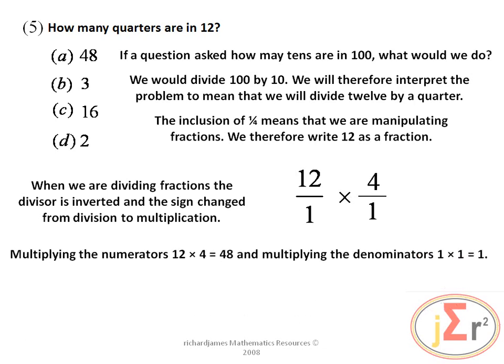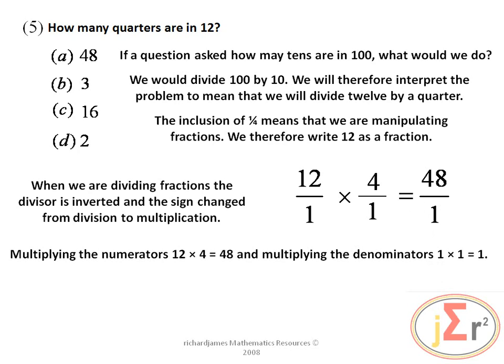Multiplying the numerator 12 by 4, we get 48. And of course, if we multiply the denominators, we will get 1. Therefore, we have 48 to be divided by 1. And any number divided by 1 is equal to itself.